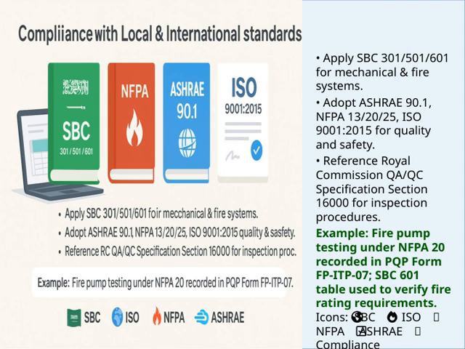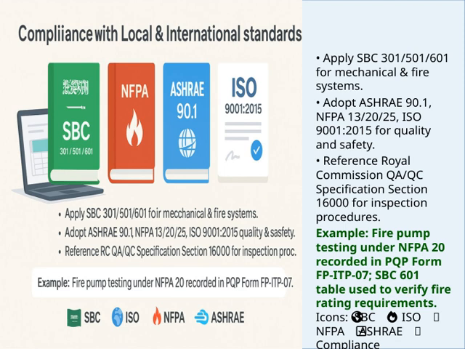In addition, we adopt international standards like ASHRAE 90.1 for energy efficiency and NFPA 13, 20, and 25, which cover fire protection systems, from sprinkler design to fire pump testing. ISO 9001:2015 is also integrated to ensure our quality management processes are robust and consistent.